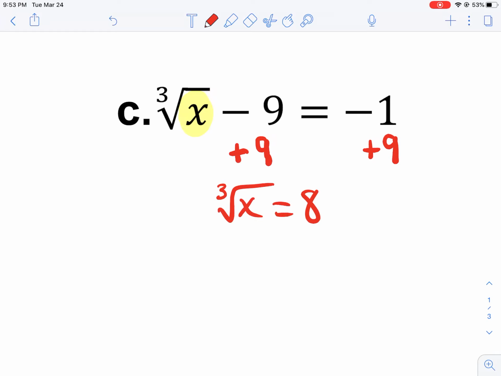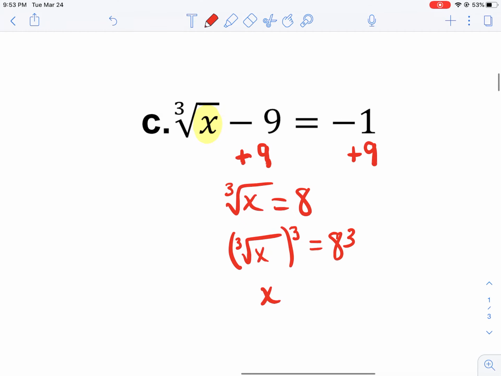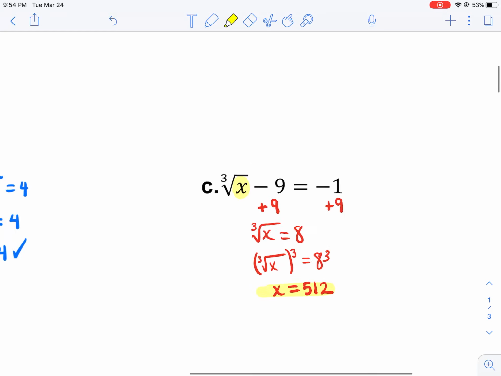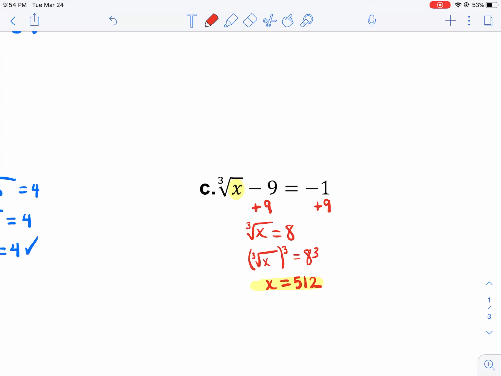This worked out better for us because we're now going to cube this and we're not going to get such a gross answer. So then we have x equals 8 times 8 times 8, which is 512. All right, and then we are going to check our work.